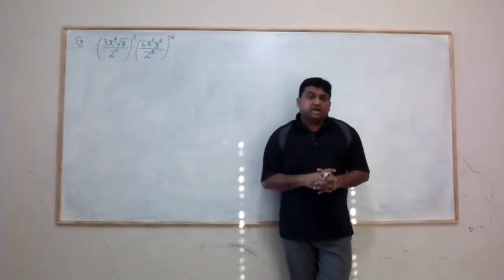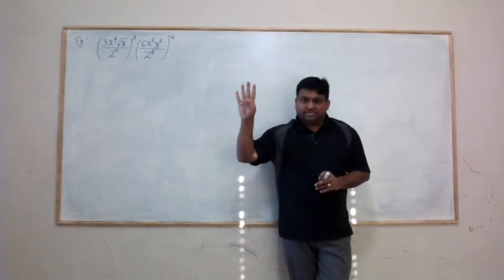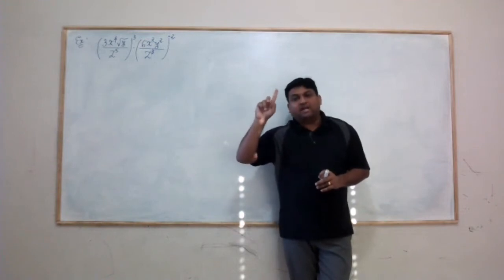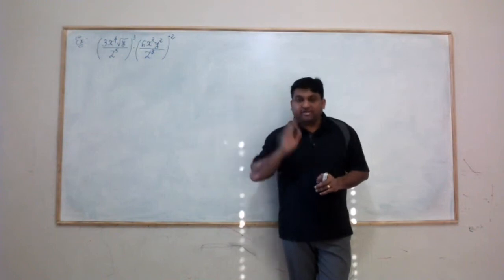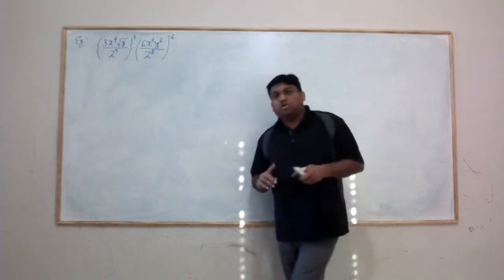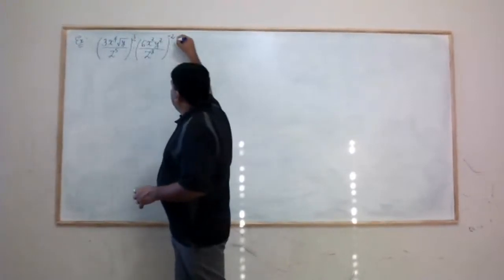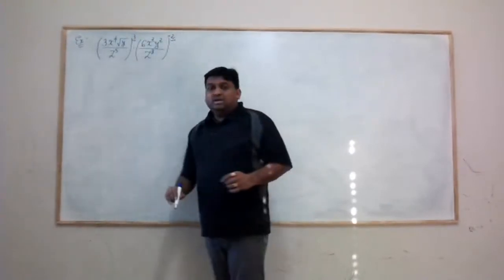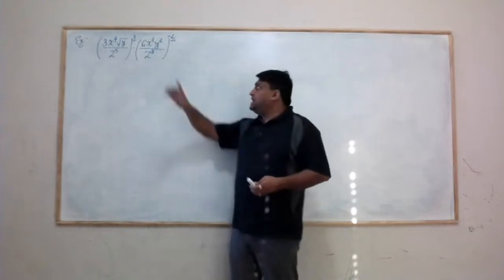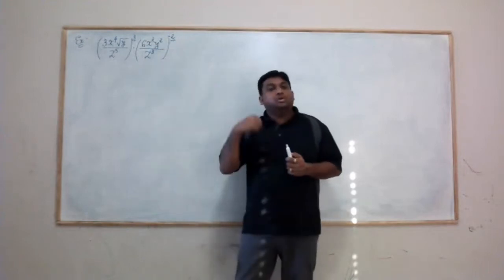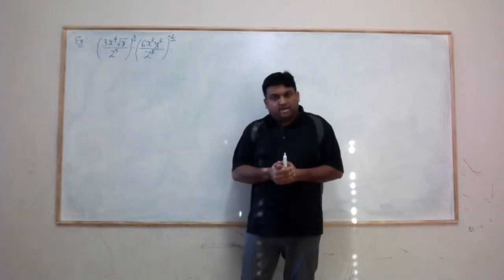Remember, we solve this type of problem in 4 simple steps. Step 1, convert outer negative exponent into positive exponent. So you observe if there is any negative outer exponent. If there is, my goal is to convert that outer exponent into positive outer exponent.